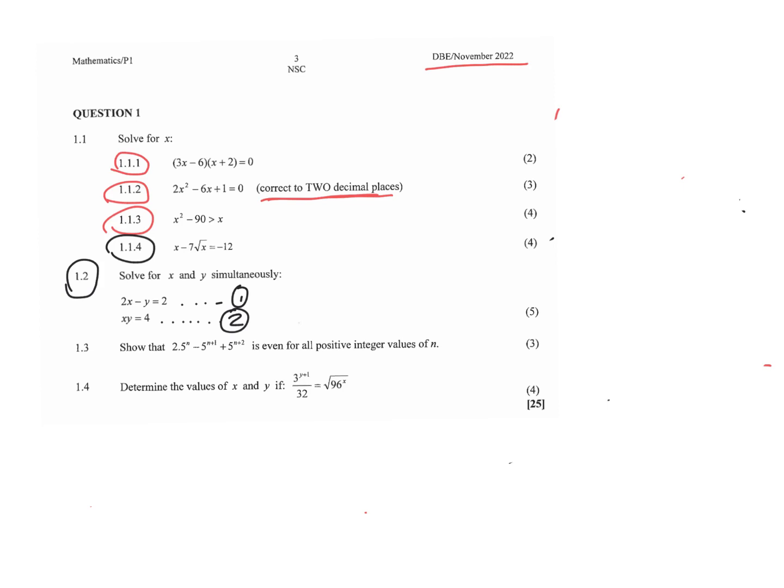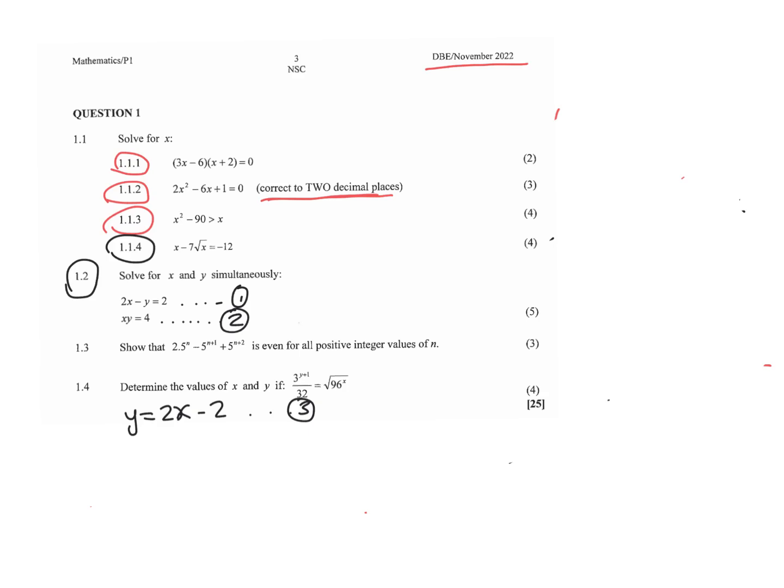In this case, I can choose equation 1. So on equation 1, I'll just take y to the other side. So I will have y equals 2x minus 2. That will be my equation 3. After that, you substitute equation 3 into equation 2.